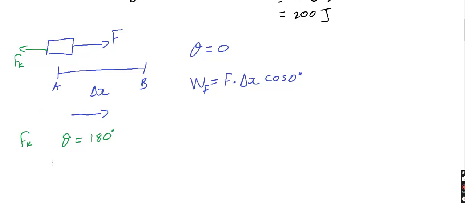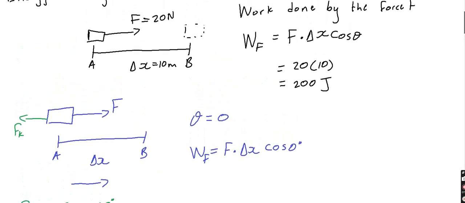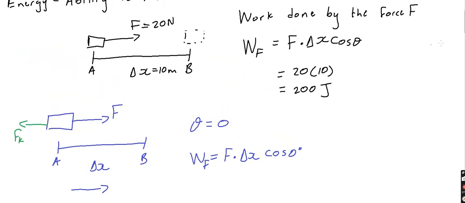So what does this mean? It means that if we are looking at work done by friction specifically on its own, then it will be the frictional force times the same displacement, because the object will move over this displacement despite friction pointing in the opposite direction, and then cosine of 180 degrees. Cos 0 is 1, so that is how I decided that my factor was 1 here.